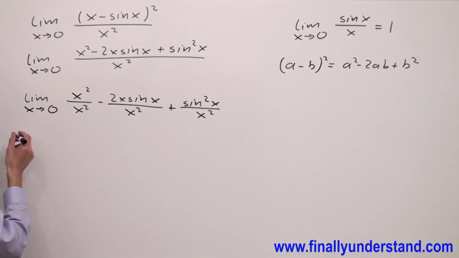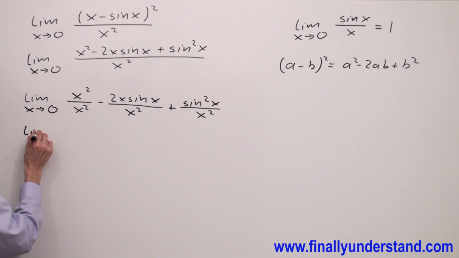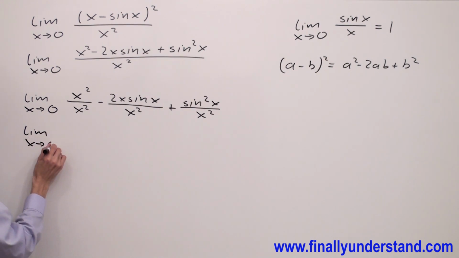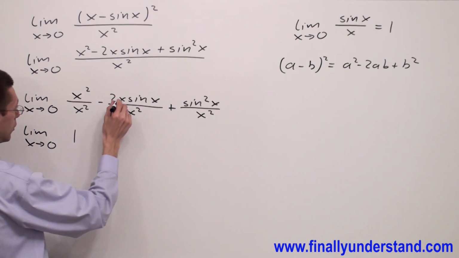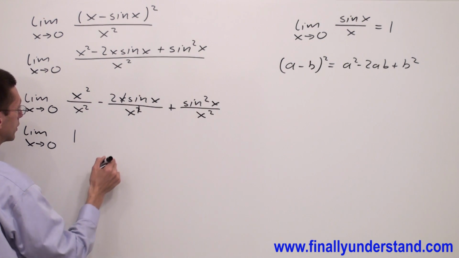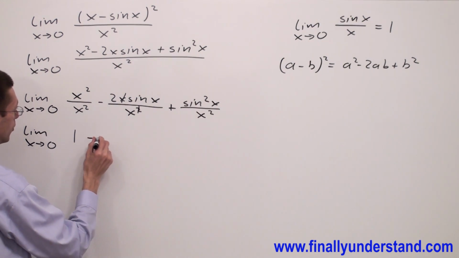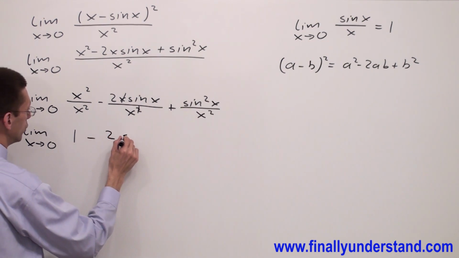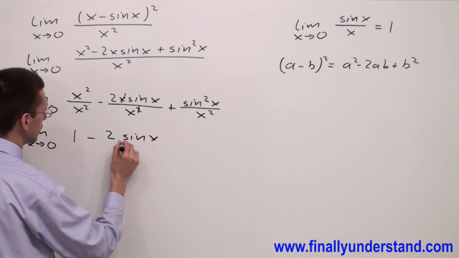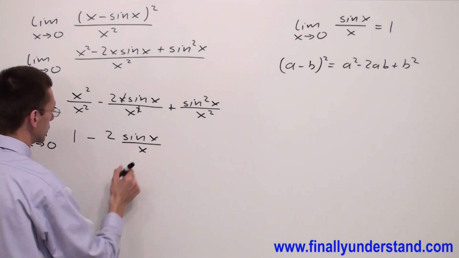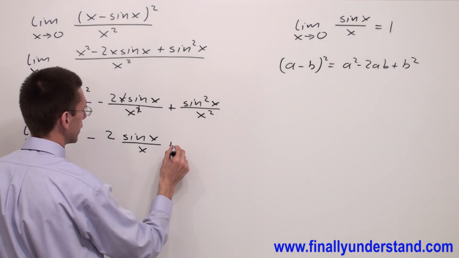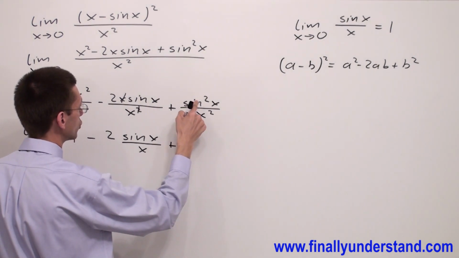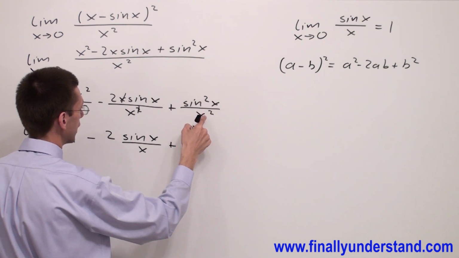And what I'm going to have, I have the limit as x approaches 0. x squared divided by x squared is equal to 1. Now this x and square will cancel out, and I'm going to have minus 2 sine x over x, and I have plus sine squared x over x squared.